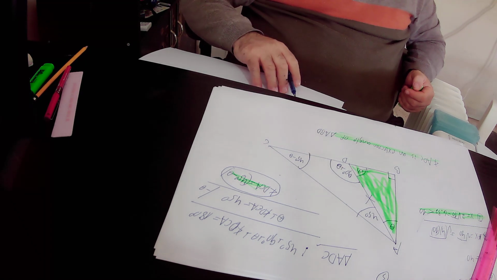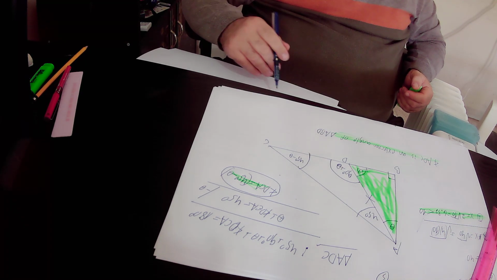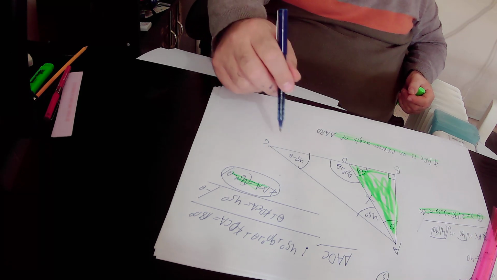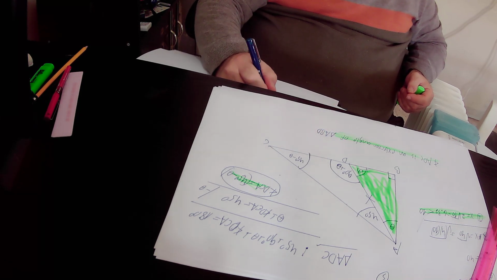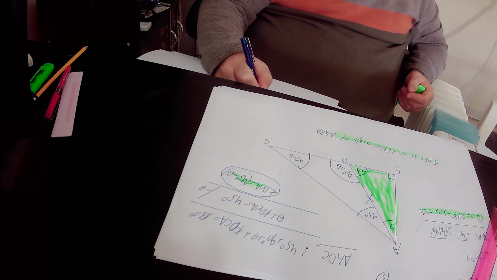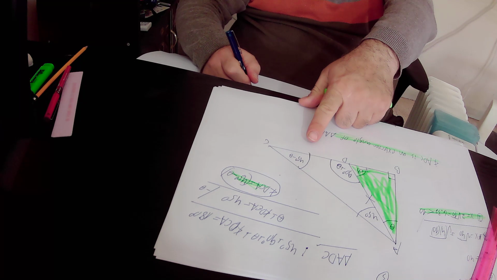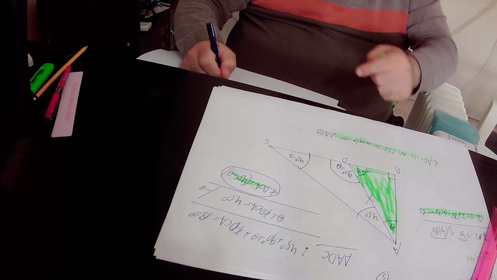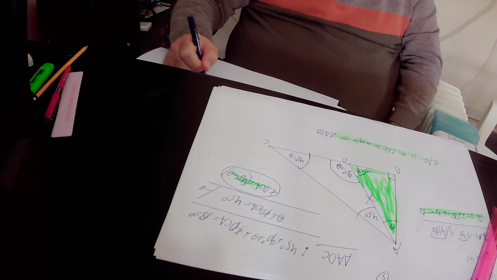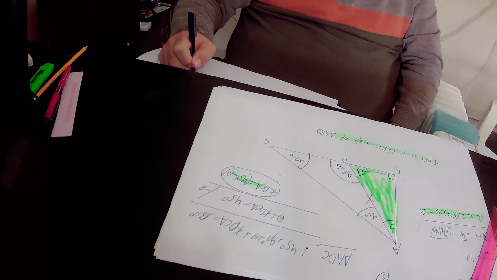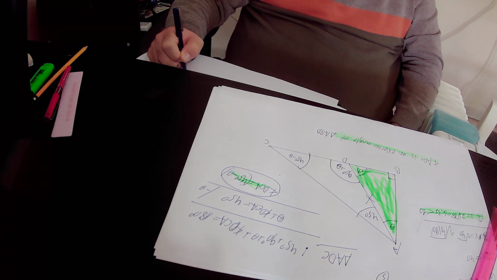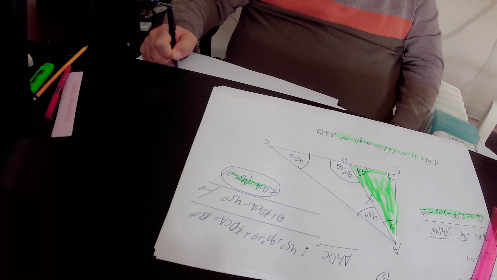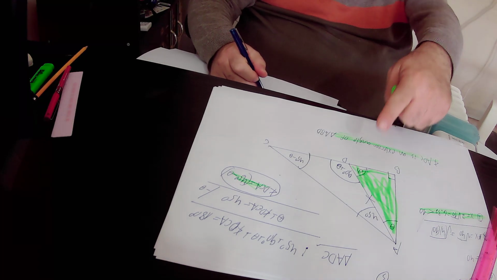So you can write down that angle DCA, that is equal to 45 degrees minus theta, is the smallest angle in triangle ADC.